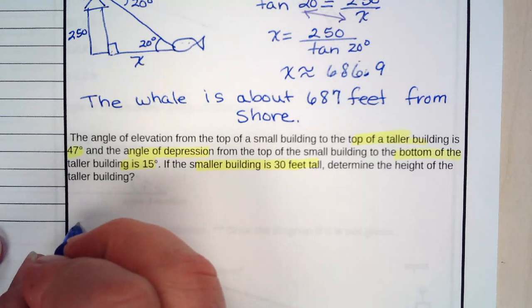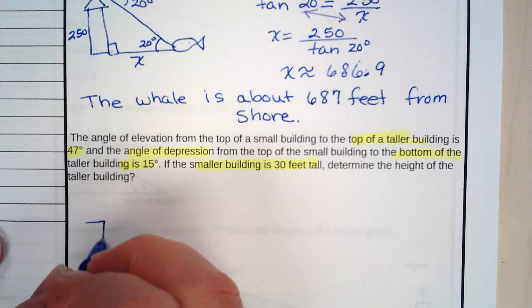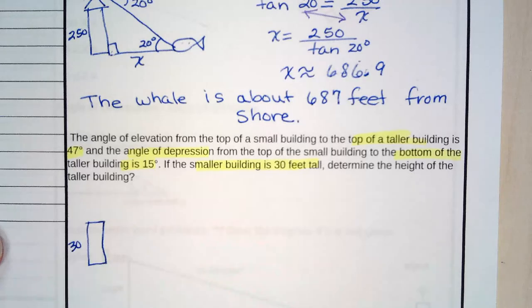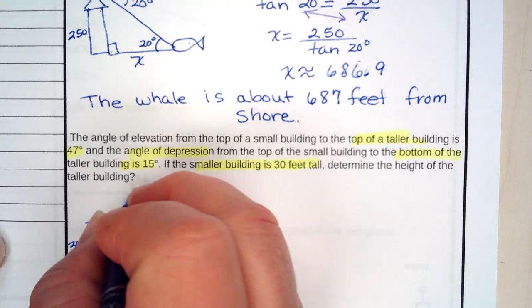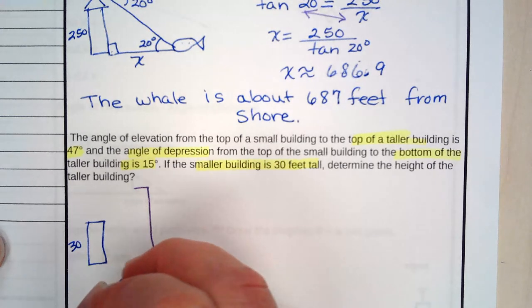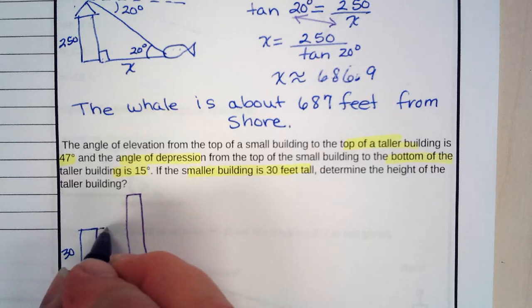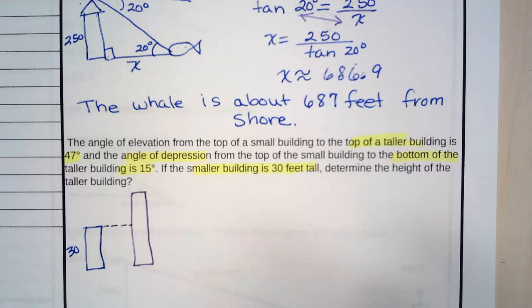So here is my smaller building. Here is my taller building. And what I know is that I've got to look at two pieces. Here's my first triangle.